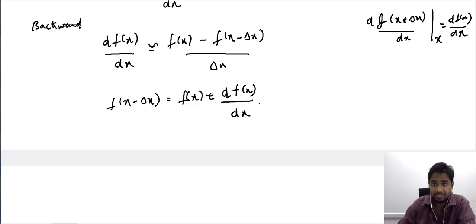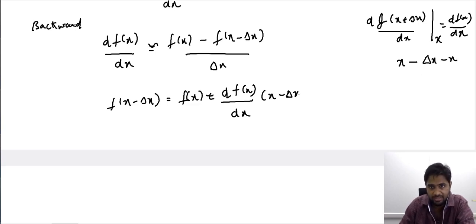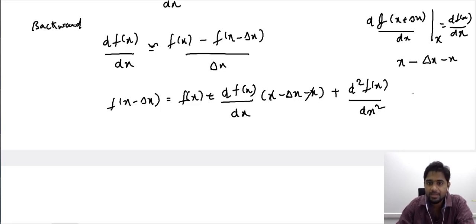In the same way, the difference associated with it would be x minus delta x minus x. So the x and minus x get cancelled out, and therefore we are left with minus delta x. Similarly, for the second derivative of f of x with respect to x, we would end up with minus delta x the whole square over 2 factorial.